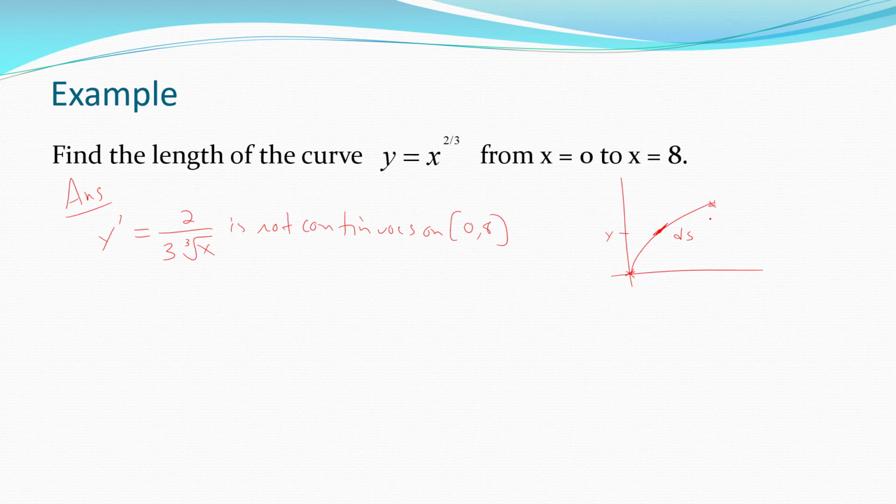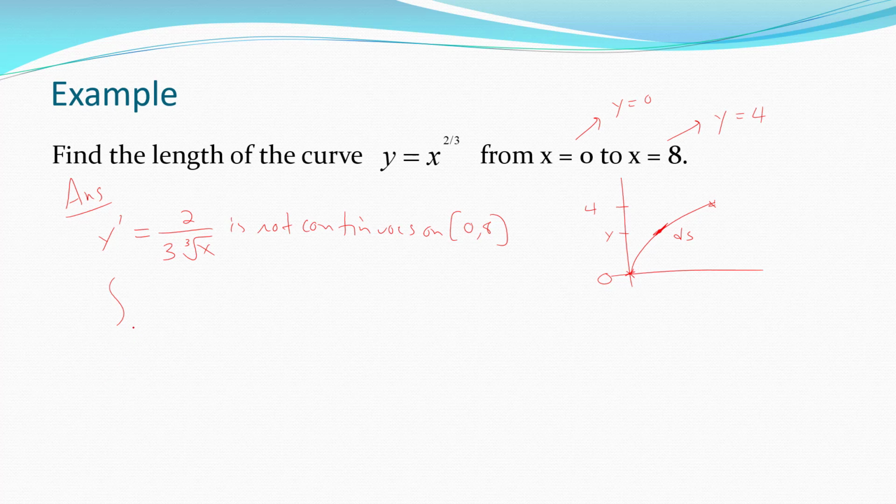More importantly, it would travel over the curve only once. So instead of partitioning the x-axis, I'll partition the y-axis, so that the arc length should then be equal to the integration over the values of 0 for y up to the value of 4 for y, just by finding the corresponding y values for these x values.